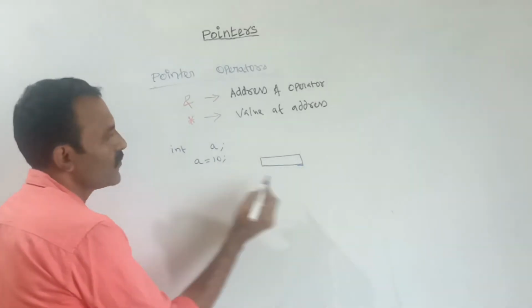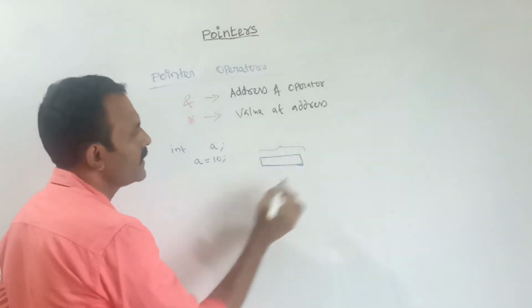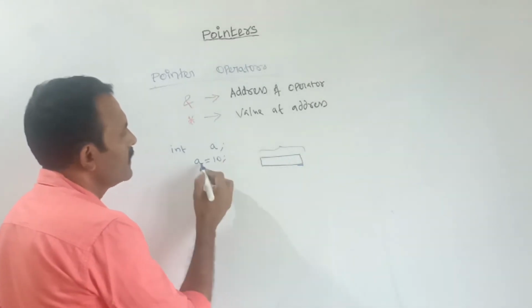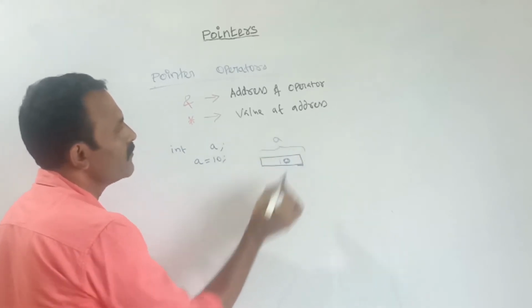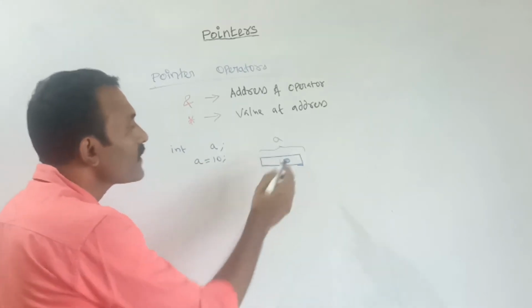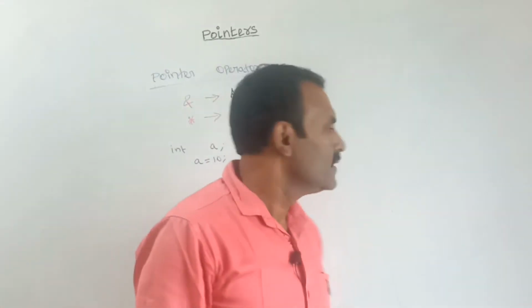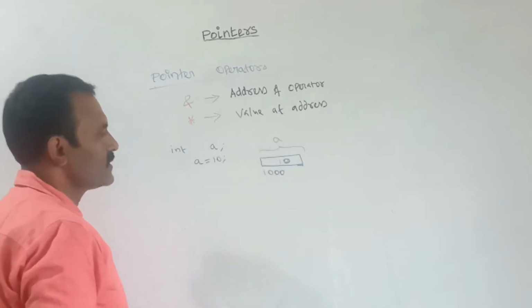How many bytes? 4 bytes. So 4 bytes were allocated and the value 10 is stored in the variable a. Each and every memory location has a unique address. Assume the address is 1000.